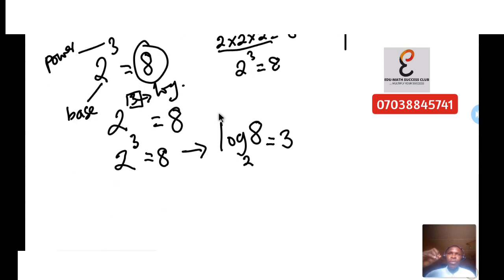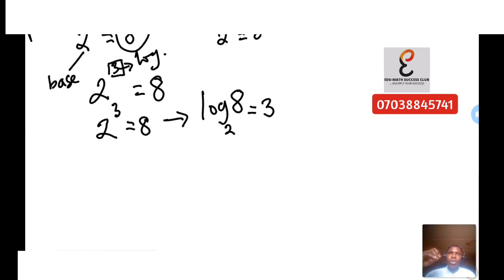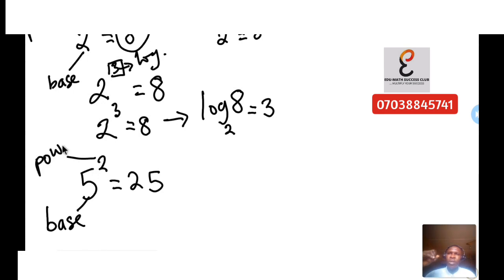Let's take another example. Now let's look at 25, for example. We have 5 raised to the power 2 is equal to 25. So 5 is the base, 2 is the power, and 25 is the number.